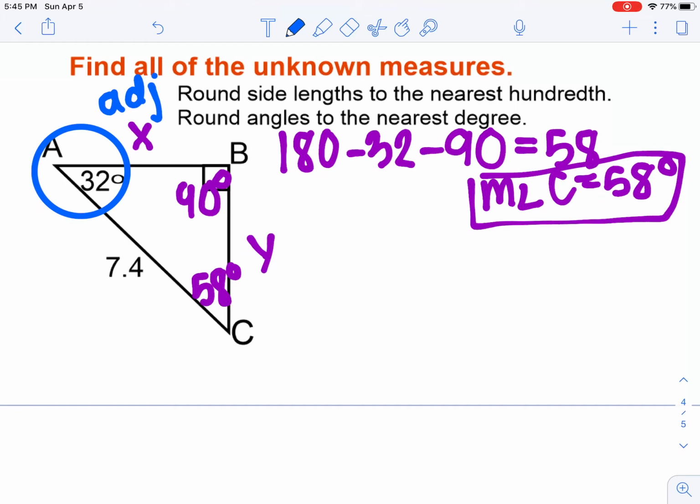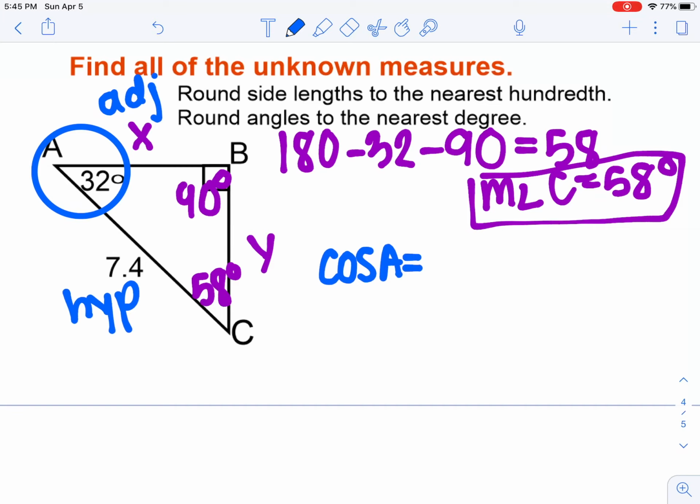So that would make X my adjacent side, and then 7.4 is across from my right angle, so that would be my hypotenuse for side AC. So if we are working with the adjacent side and the hypotenuse, that would tell us to use cosine.